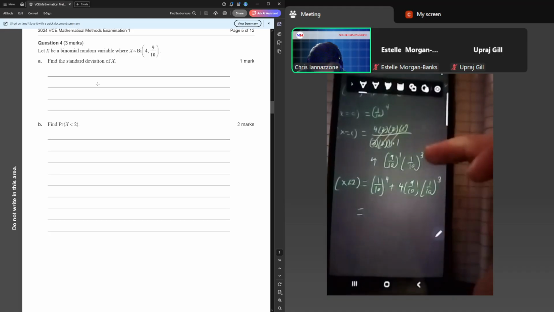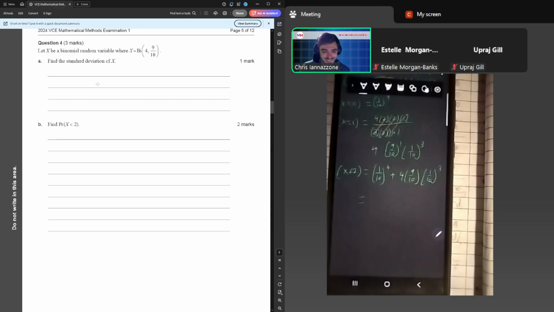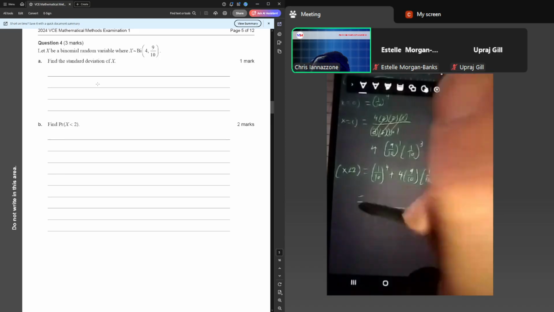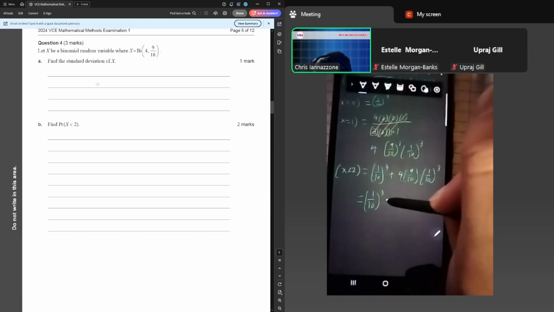One of my favorite ways to solve a thing is to do factorization where possible when you have these stupidly big indexes. So we can see there's a common factor of 1 over 10 to the power of 3. So I would just take that out the front.